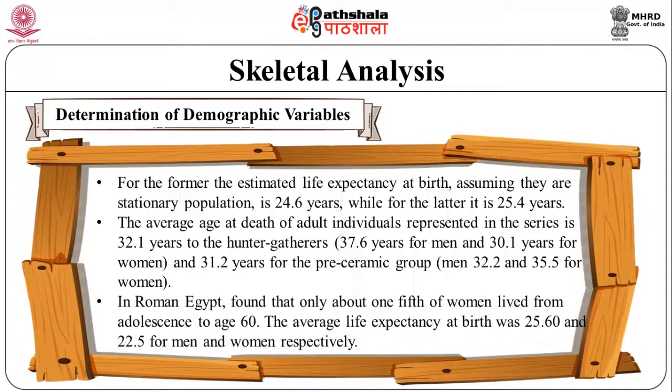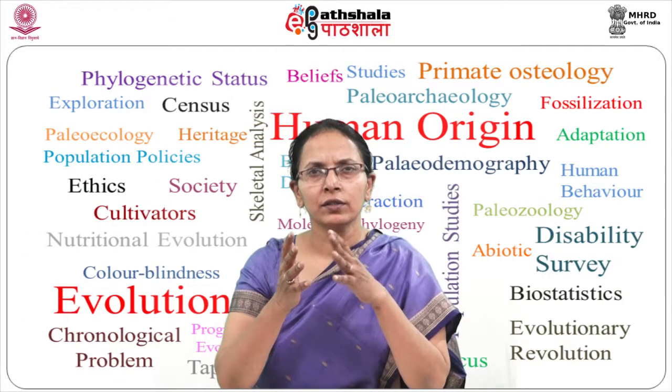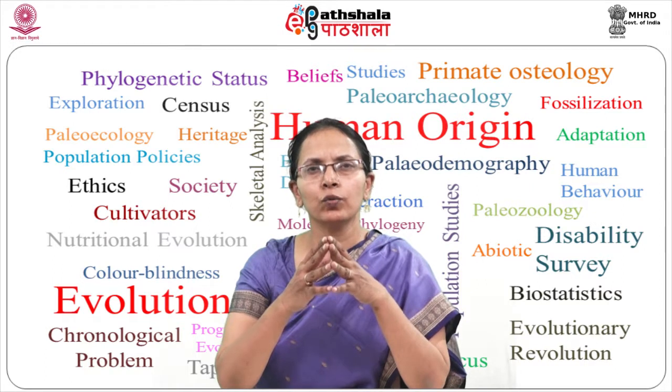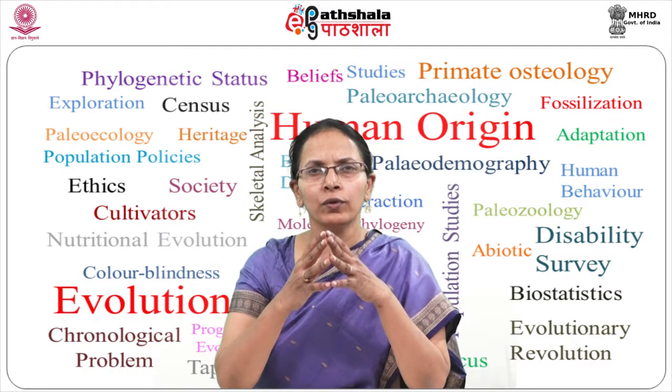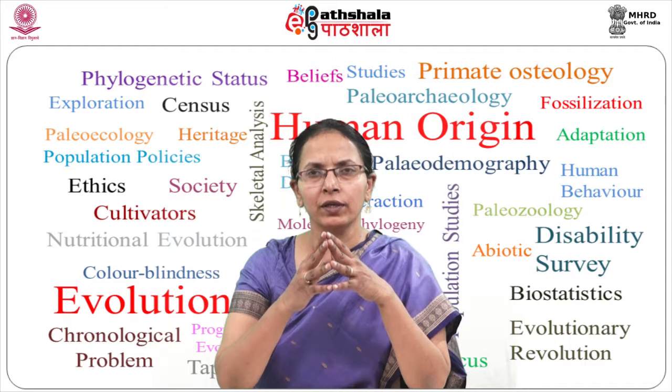In Roman Egypt, it was found that only about one-fifth of women lived from adolescence to age 60. The average life expectancy at birth was 25.6 and 22.5 years for men and women respectively. At 30 years, this indicator is 22.2 and 24.9 years respectively.